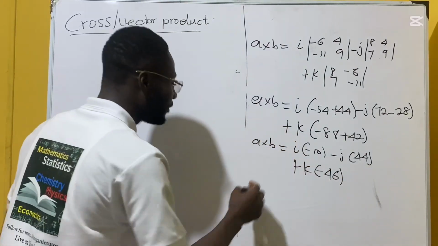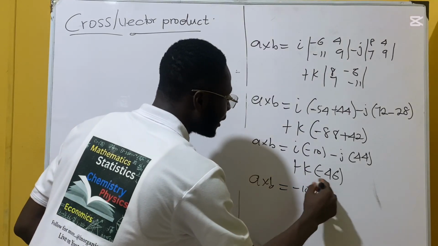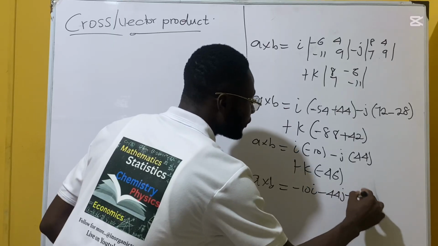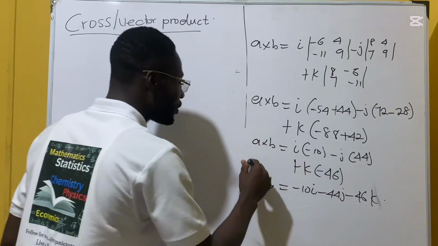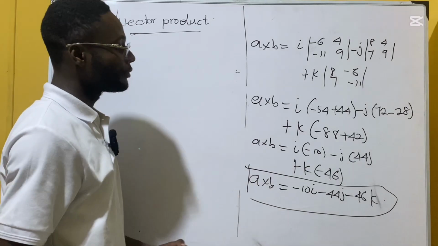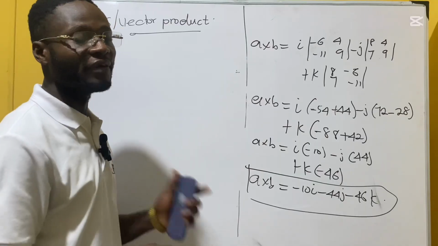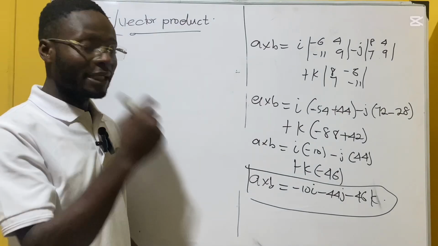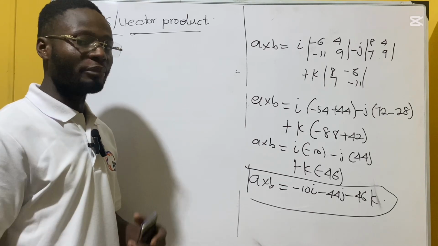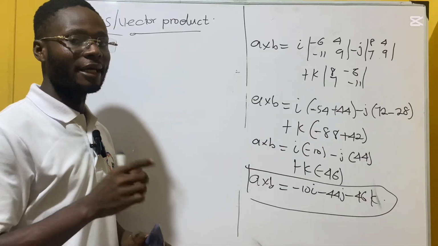So we have our A cross B to be equal to negative 10I, negative 44J, negative 46K. So that is the position vector for A cross B. Okay, so once we have A cross B, then we can go ahead and find the magnitude of A cross B, and the result we obtain becomes the area of the parallelogram with sides A and B.